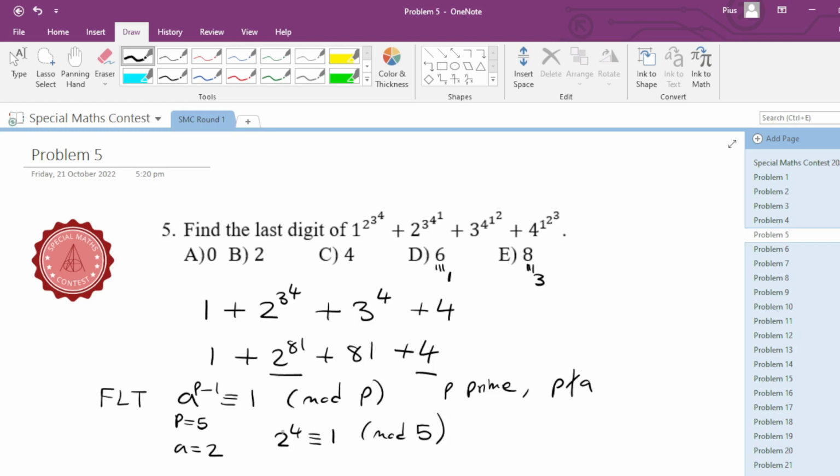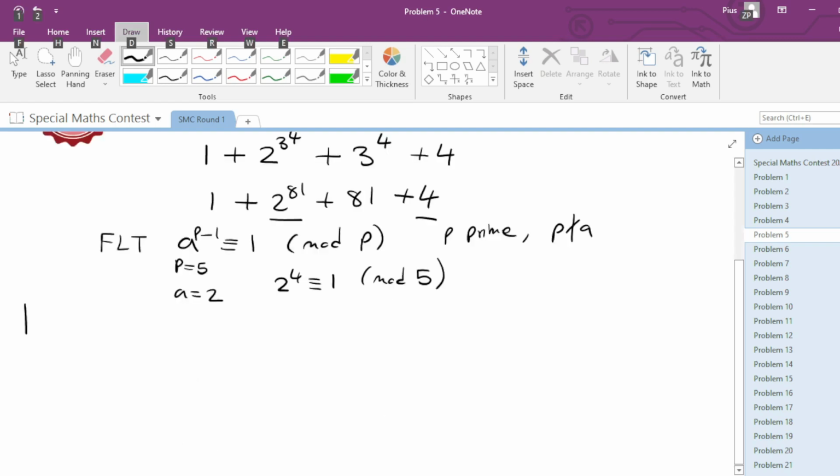So we want to see how we can apply this to the number 2 raised to the power 81. Okay, so 2 raised to the power 81, we have to see how we can relate it to 2 raised to the power 4. So 81 is not a multiple of 4, so to use laws of indices properly, we have to separate it into something that is the closest multiple of 4 we can get.